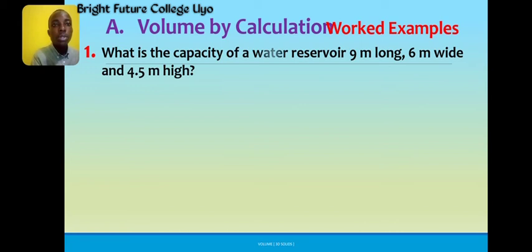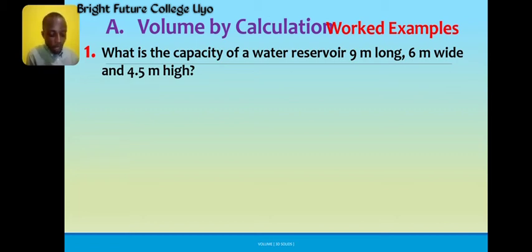Worked examples. Now, the first: find the capacity of a water reservoir, the one that always sits on top of the house. The water reservoir is 9 meter long, 6 meter wide, and 4.5 meter high.